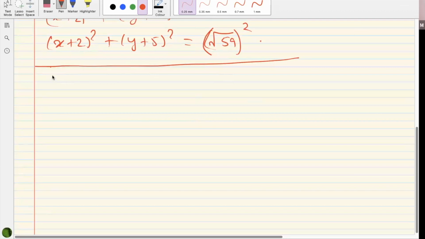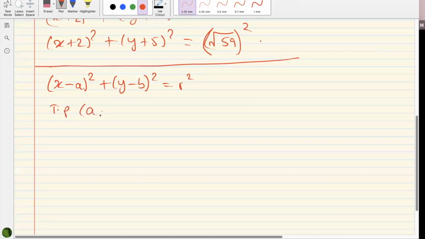Whatever the equation is, the general form is this: (x minus a) whole square plus (y minus b) whole square is equal to r square, where the turning point is a comma b. Notice we have changed the signs of a and b. It was negative in the main question and here it is positive.